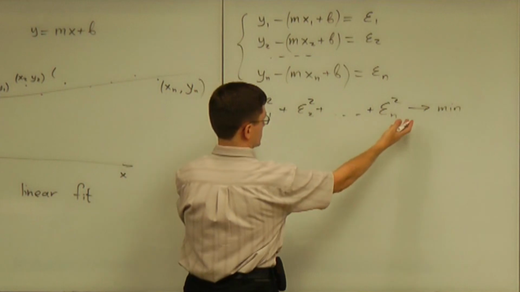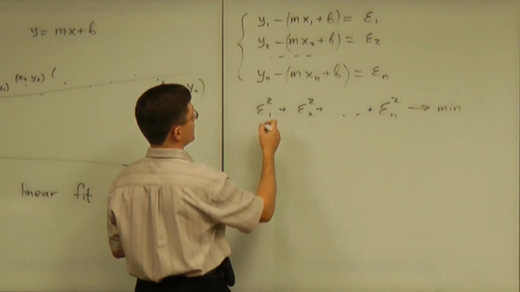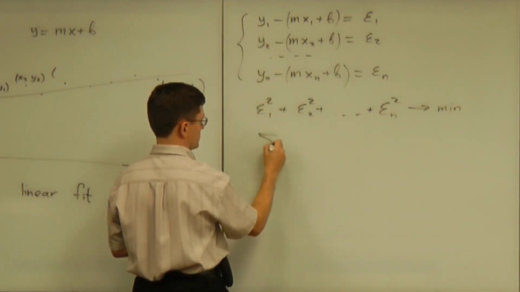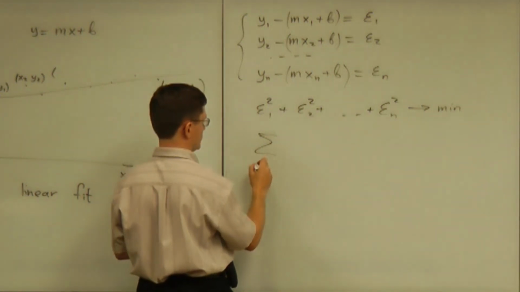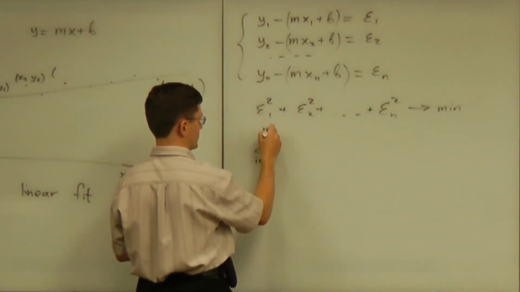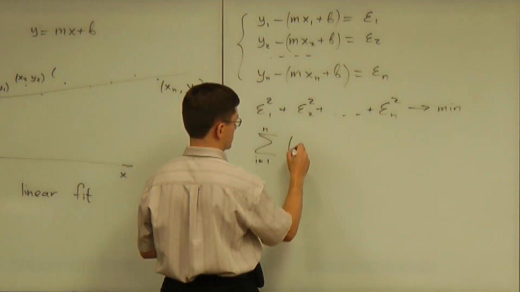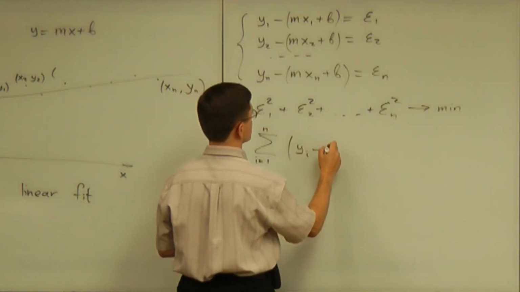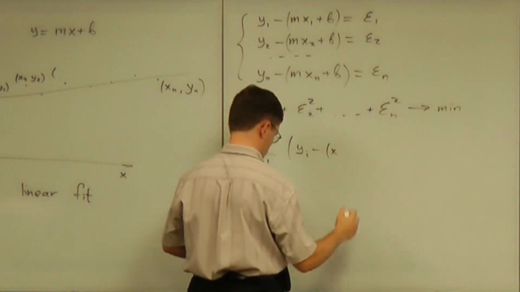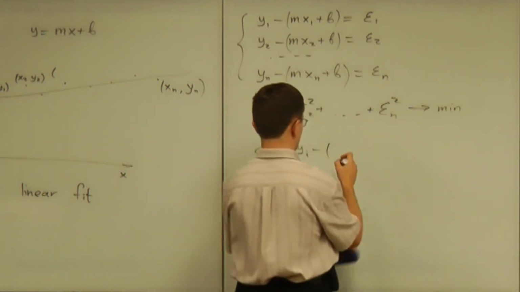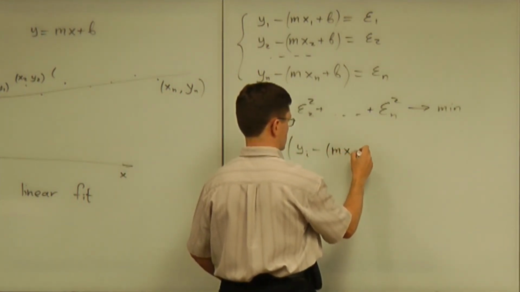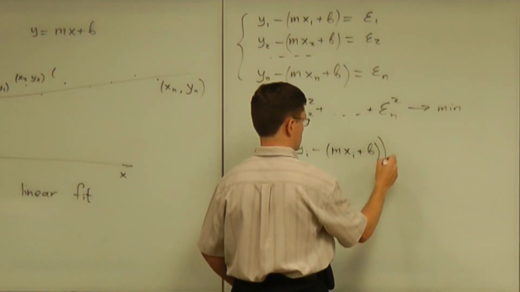And then, so what is it that I have here? I have exactly those differences. So I have a sum from i equals 1 to m of the values yi minus (m xi plus b), squared.